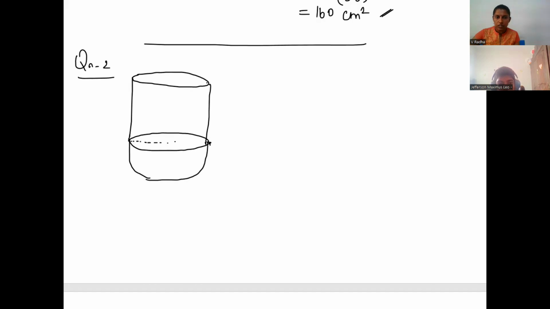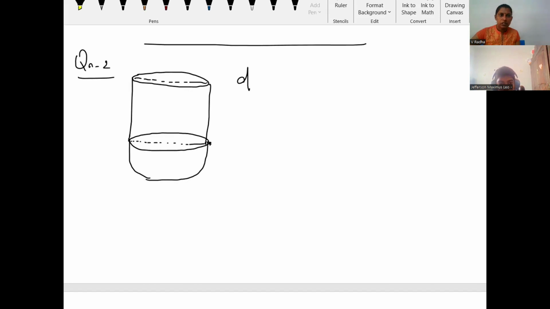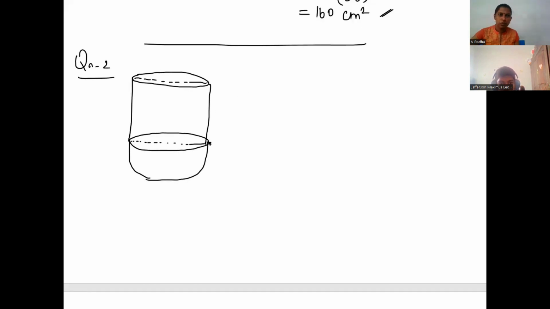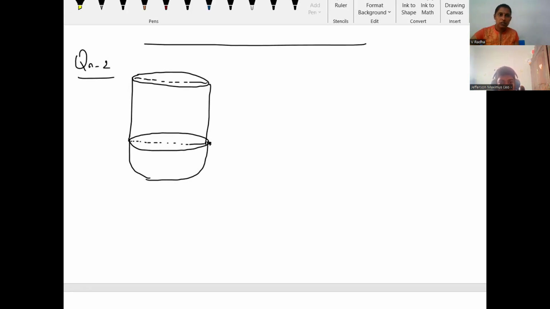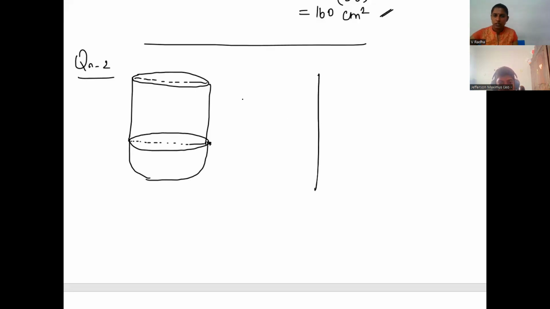So the diameter of the hemisphere is 14, and the cylinder also has the same diameter. The radius will be 7. Very good. We classify the hemisphere and the cylinder separately, so that confusion does not arise in the calculation part. This is a cylinder, and this is a hemisphere.